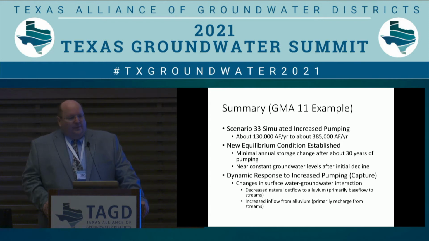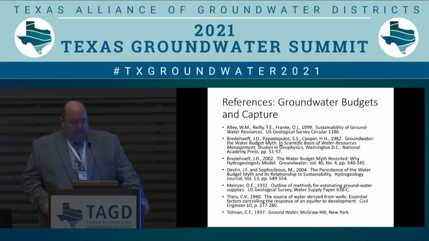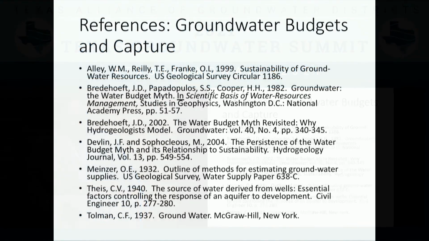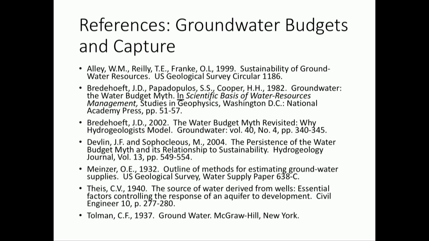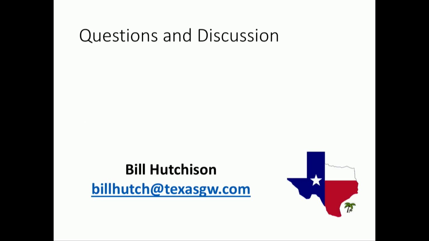That capture comes from the increased inflow, primarily from surface water, and the decreased natural outflow, the old base flow to the river, and now it's actually a recharge source. And here's several references that may be of use to you down the road. And with that, I'm happy to answer any of your questions.